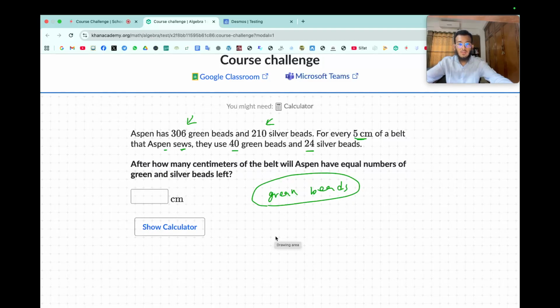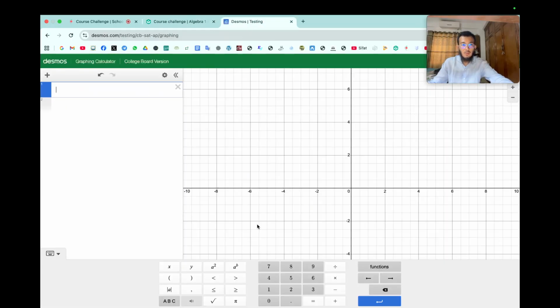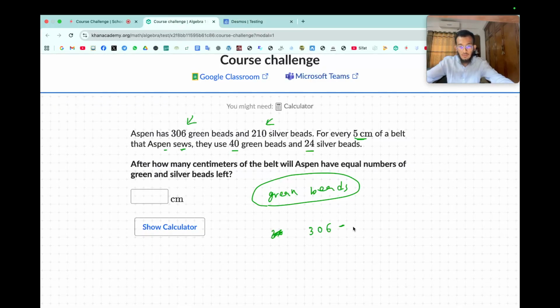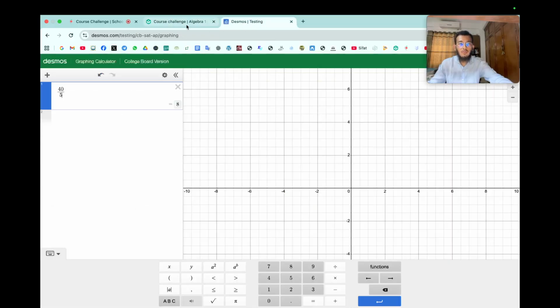Initially you have 306, so 306 minus, for every 5 centimeters of a belt you use 40 green beads, which means for each one you use 40 divided by 5, 8, so minus 8x. Y equals 306 minus 8x, because for 5 centimeters you use 40, so for each you use 8.